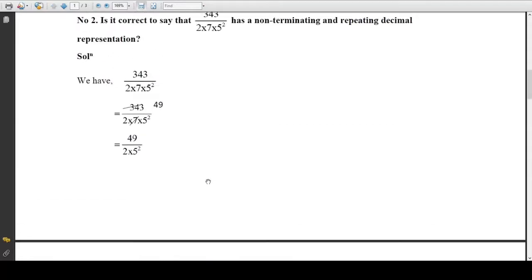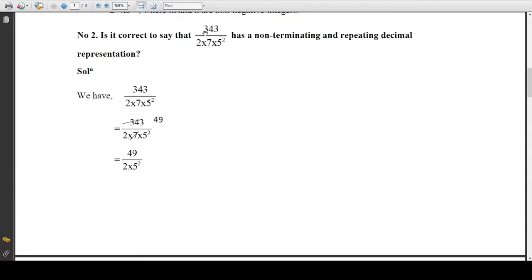Now just see this given expression, 343 over 2 × 5 squared × 7 squared. If you look at this denominator, it doesn't have only 2^m × 5^n, because 7 is also one of the factors, isn't it?